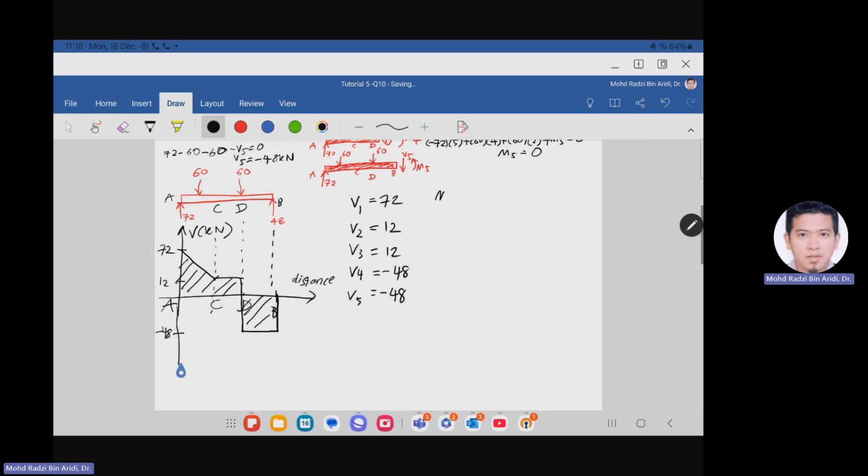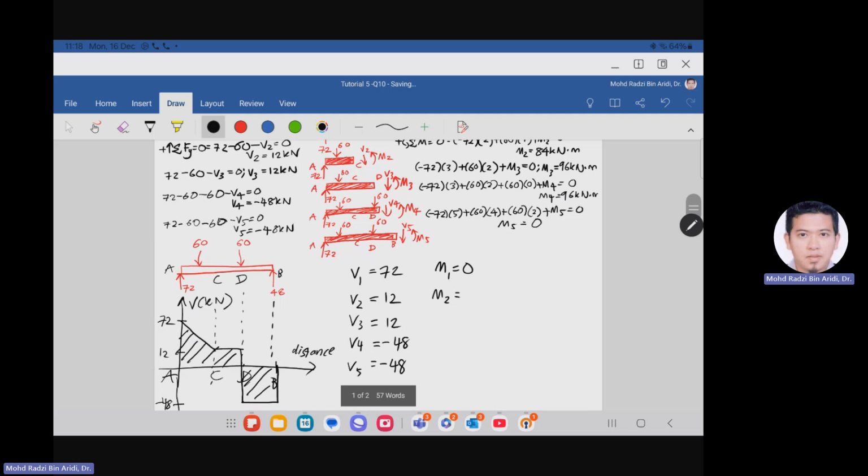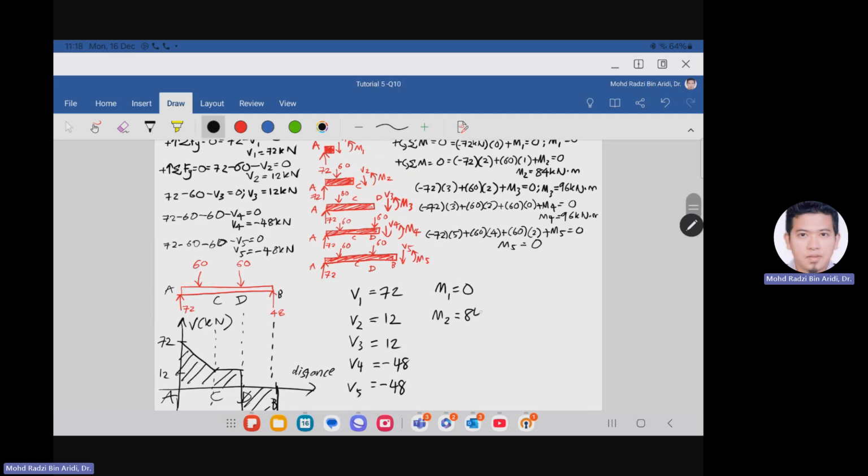And then let's go for the moment: M1 equals 0, M2 equals 84, M3 equals 96, M4 again 96, M5 equals 0.